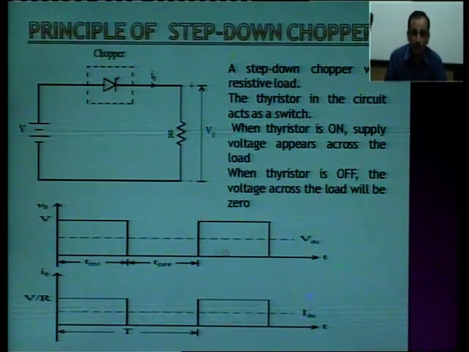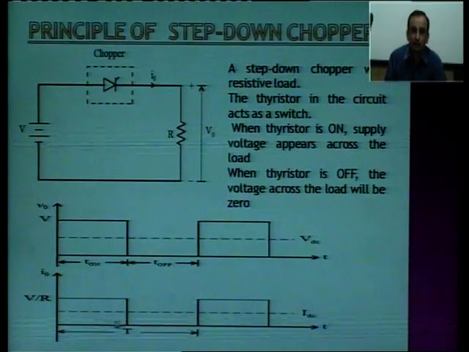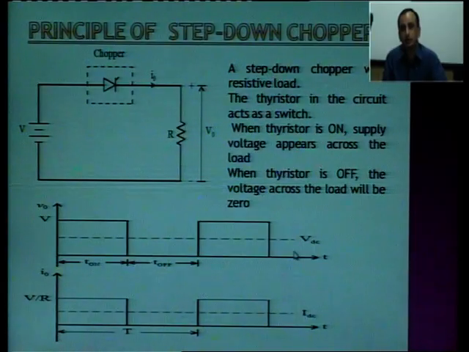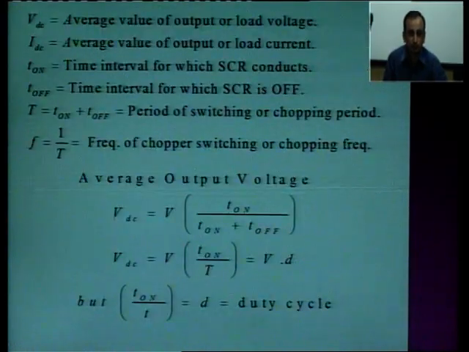There is no supply here. We can find the average of this over an interval T, and the same applies for the current, so we can find the average value of DC current. Here we know that the DC voltage we are getting is less than what we are applying, so it is acting as a step down chopper.